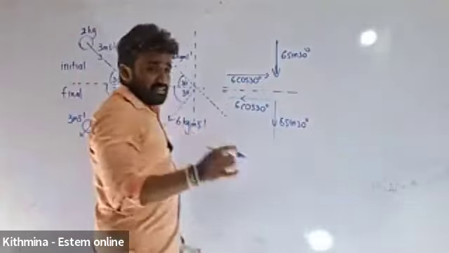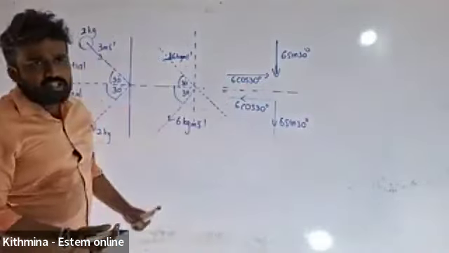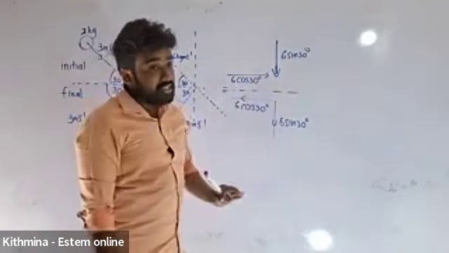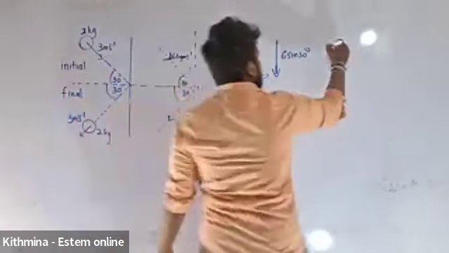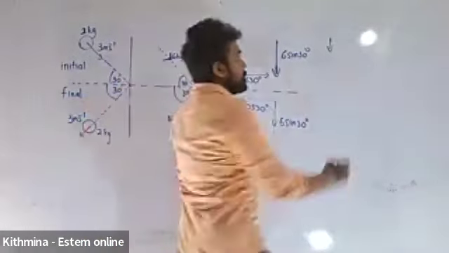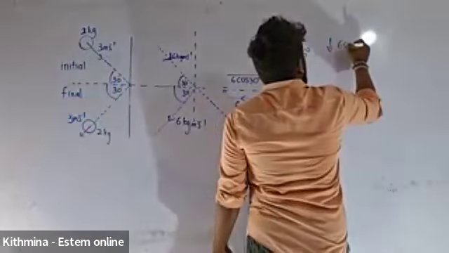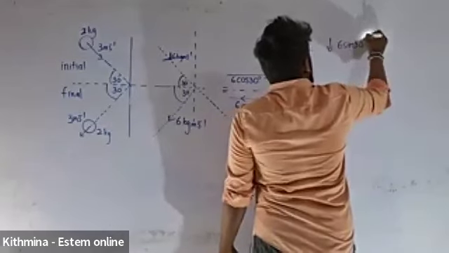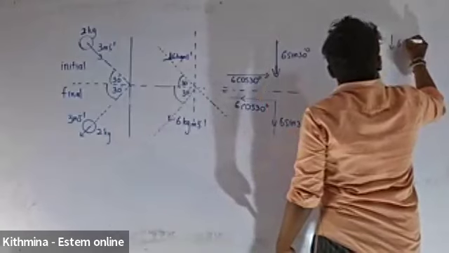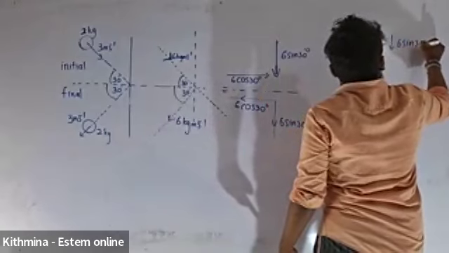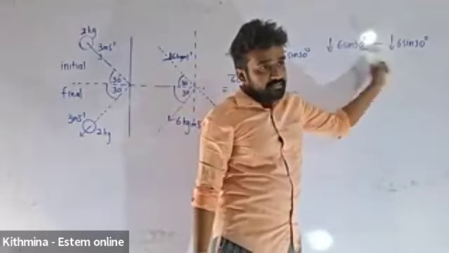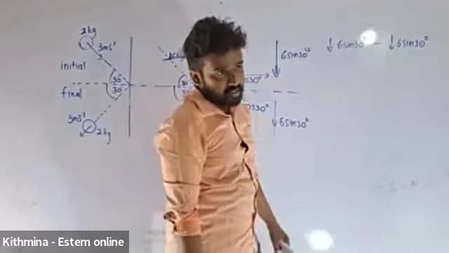Always we should take the momentum change as final momentum minus initial momentum. In this direction, final momentum is 6 sin 30 minus initial momentum 6 sin 30, equal directions and equal magnitudes, so 0.